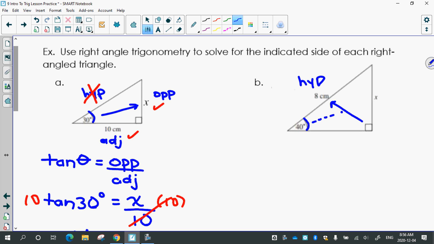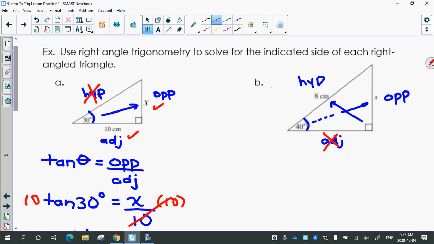And right across from the 40 degrees is your opposite. And this is your adjacent. So then you kind of ask yourself, which side am I going to cross off? The side I cross off is the side I don't know anything about and they don't ask me to find. So I know this one, so it's in. I'm asked to find this one, so it's in. This one I know nothing about, it's out. Okay? We're going to see how you made that decision, which one to cross off.